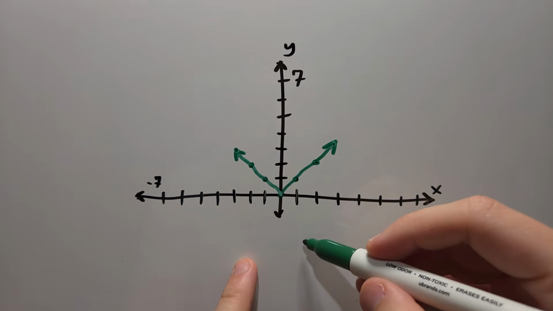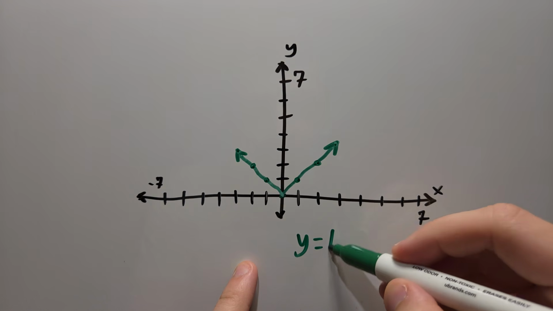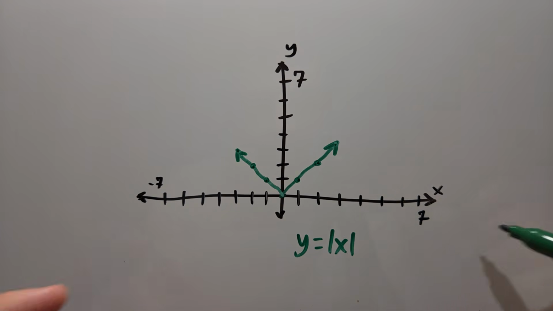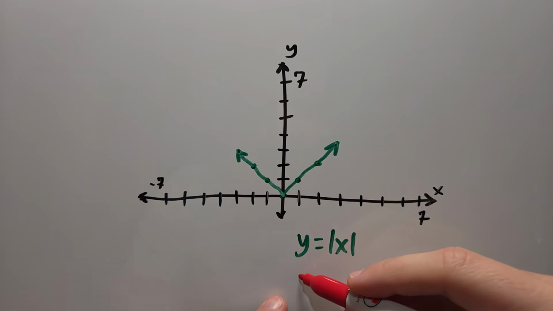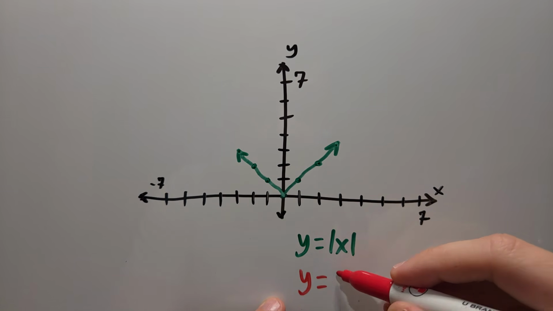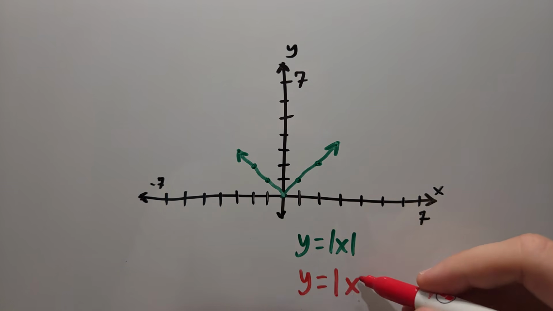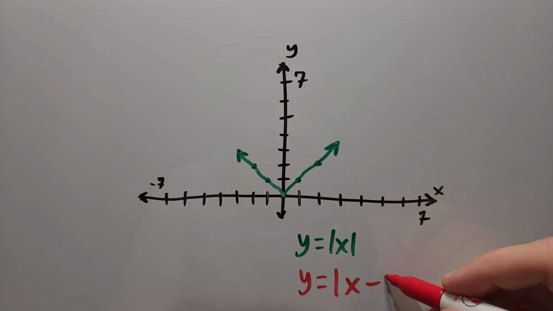Here we have our original function of y equals the absolute value of x. Using a different color now, I'm going to take this graph and I'm going to shift it either left or right. But by how much? Let's do the absolute value of x minus 3.